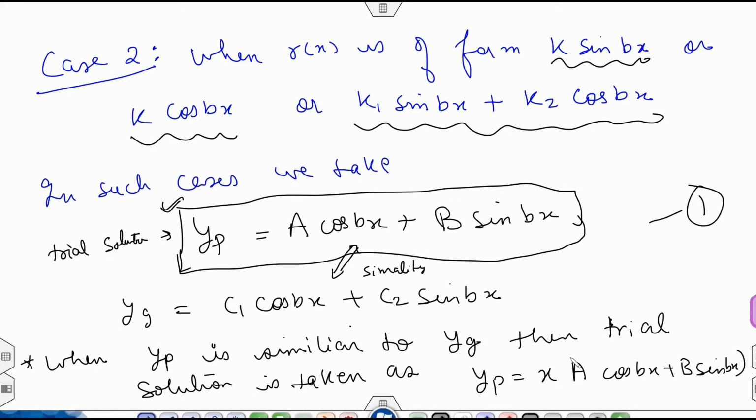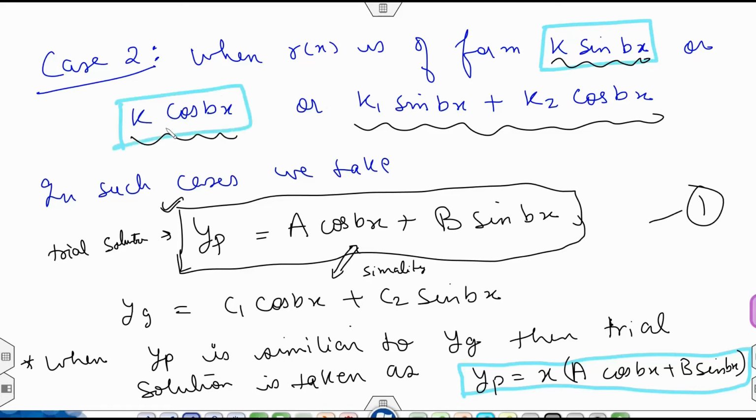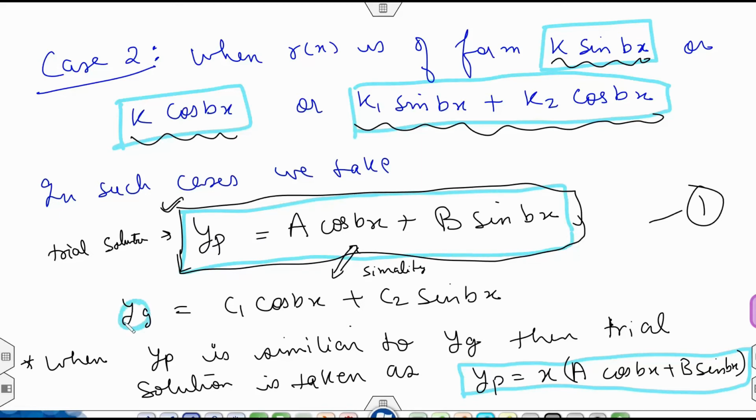So I'll just summarize this. What I told you till now is that if you find your Rx is of either of these forms, then you will choose your trial solution as this at first glance. Now you need to find out yg, for finding the general solution of the non-homogeneous differential equation.